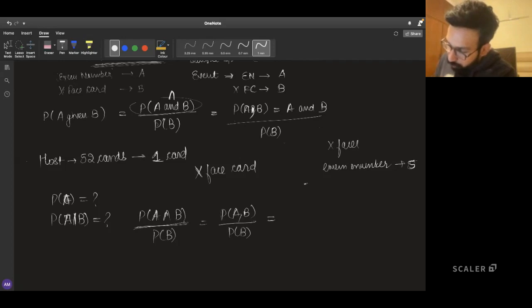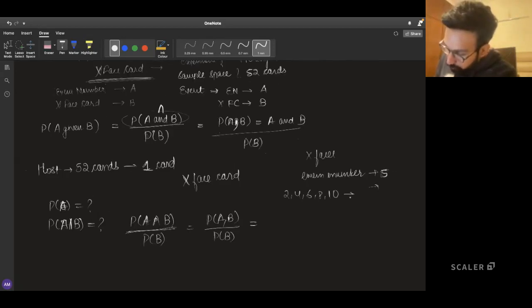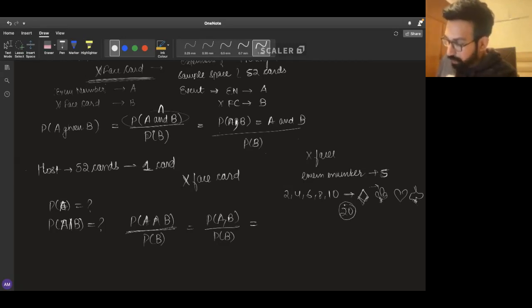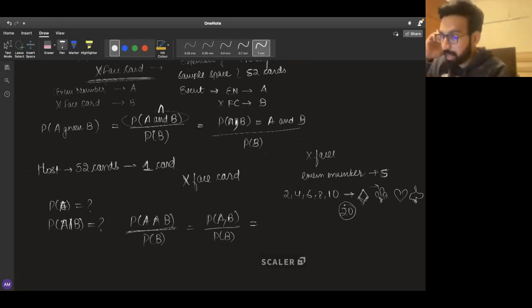We have 2, 4, 6, 8, and 10, and this is present for all 4 suits. So we have 20 such even numbers, which is our favorable outcome, the event we are interested in. So I'm going to say 20.